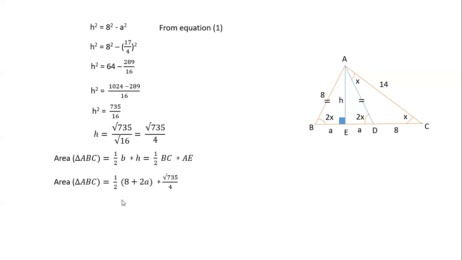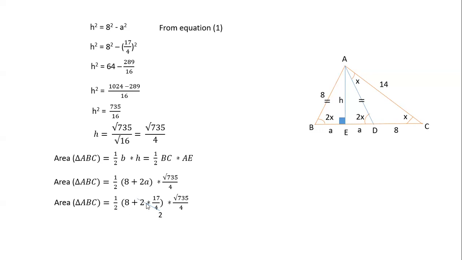Now the A value is 17 upon 4, which I got. So put it here. Now let's cut by 2: you'll get 17 upon 2.